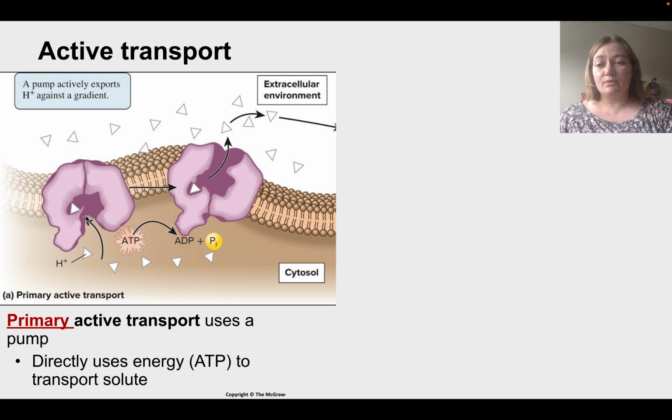These proteins are called pumps. The molecules go inside of these proteins and then are released to the other side. But in order for it to make that conformational change, it needs ATP. It needs some energy in order to change the shape.